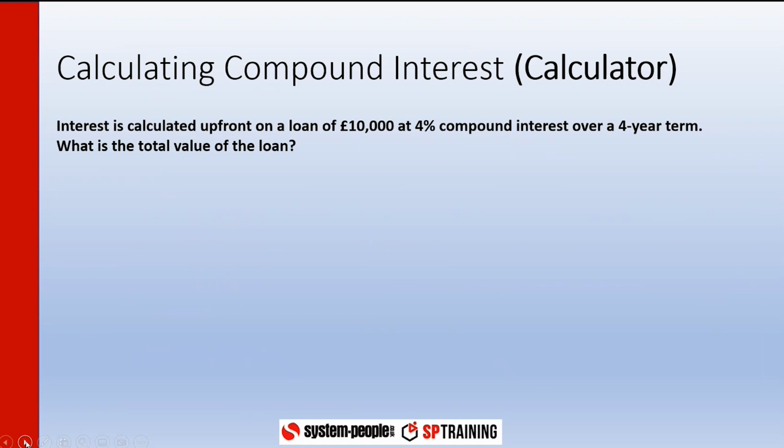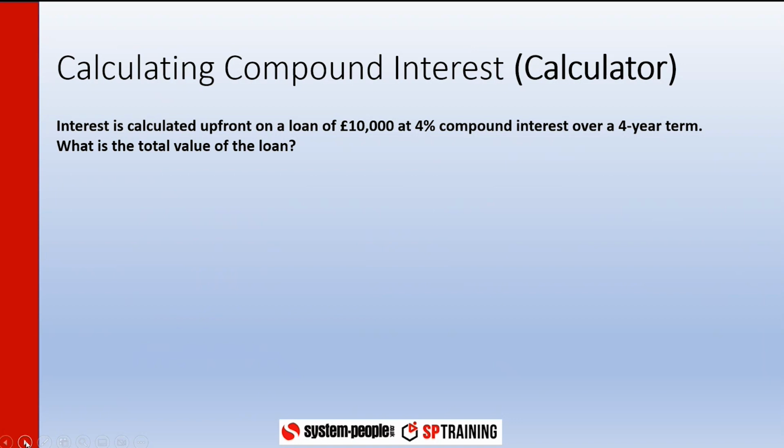Interest is calculated up front on a loan of £10,000 at 4% compound interest over a 4-year term. So this is the sort of thing that lenders will do. They'll charge you the 4% interest per year, or whatever the interest rate is per year, and they'll add that as a compound interest at the beginning of the loan, and then base your installments upon that.